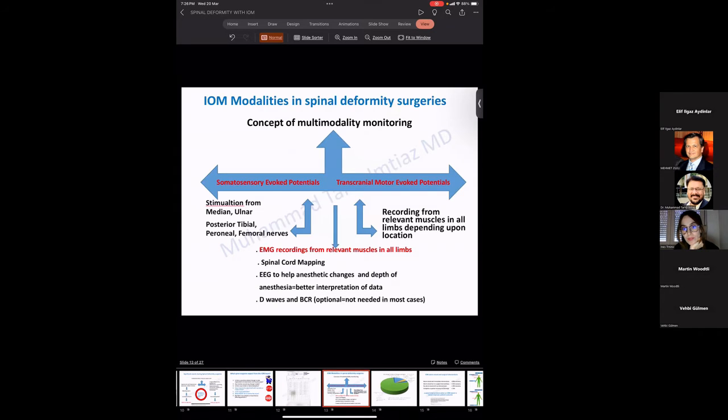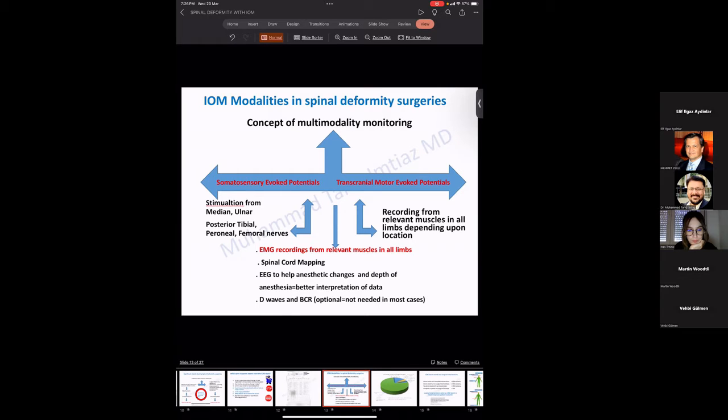Now, we also talked about the IOM modalities in spinal deformity surgeries. If you see the left and right arrows, we're talking about somatosensory potentials and transcranial motor evoked potentials. These are the 2 pivots that intraoperative monitoring relies on.